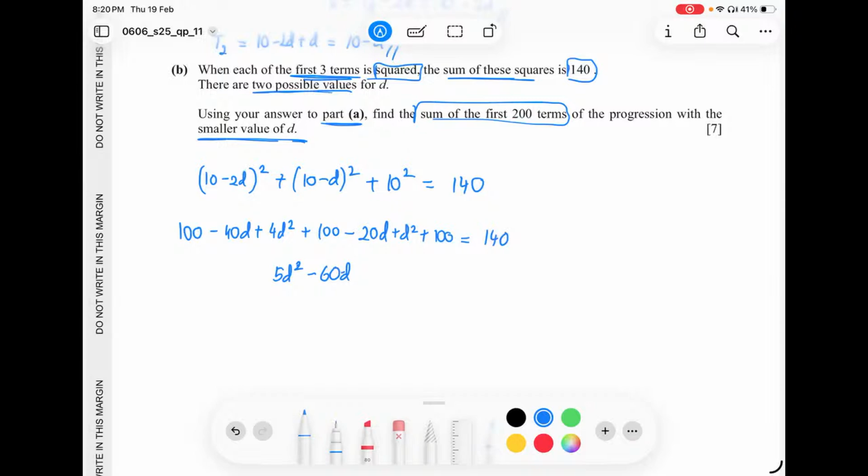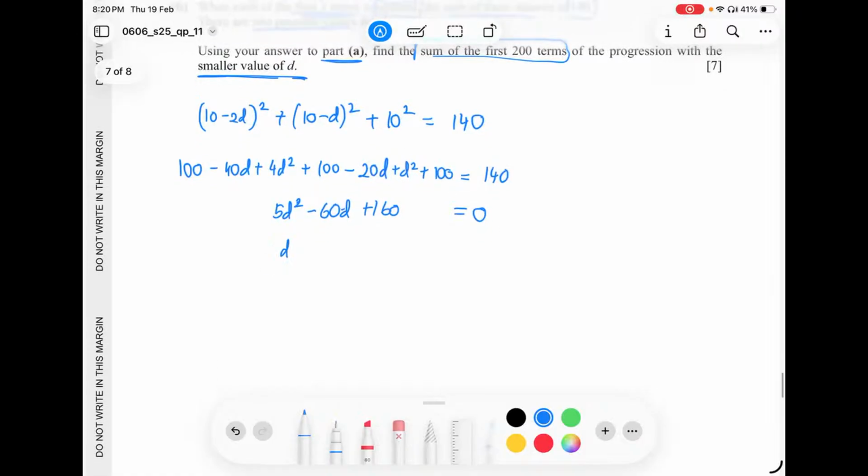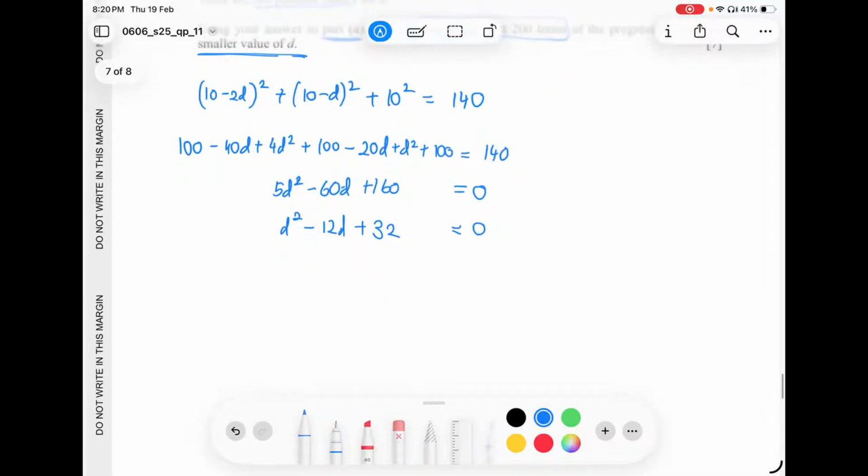So 300 minus the 140 will give you plus 160 equals 0. Now you can simplify this further because the right hand side is 0, so you can factorize this by 5. So now this is going to be 5 times (D squared minus 12D plus 32). Okay, so that's your equation for D.